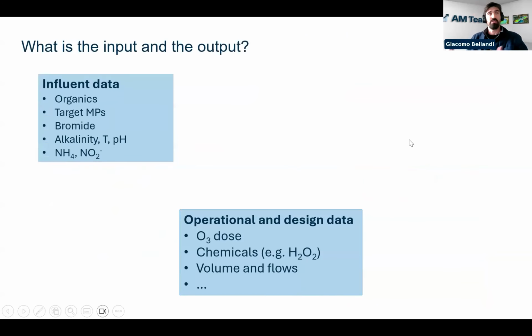Right? This is more to fine-tune the design and the operation.